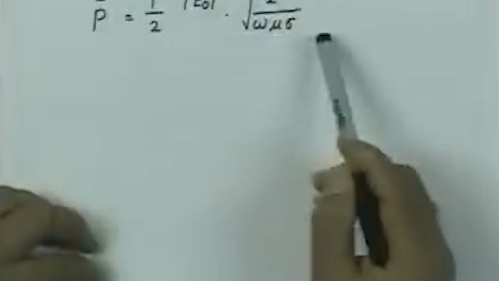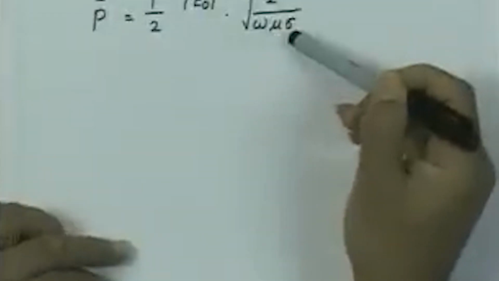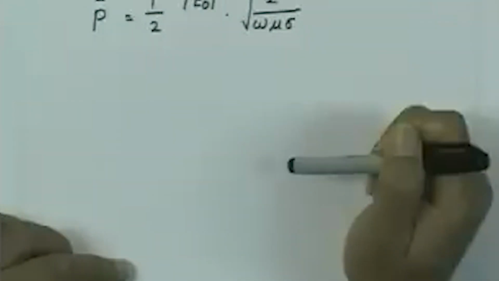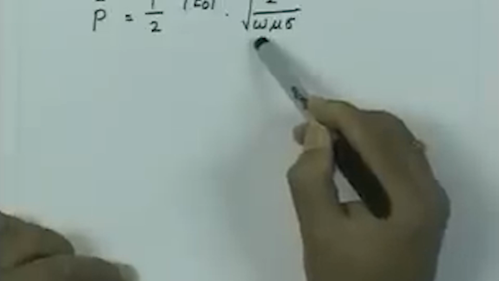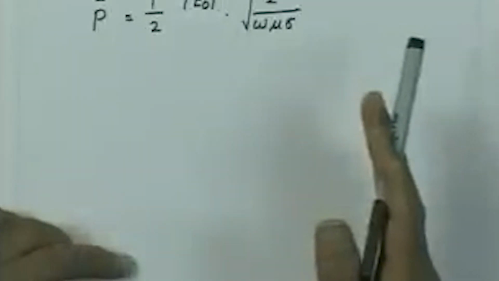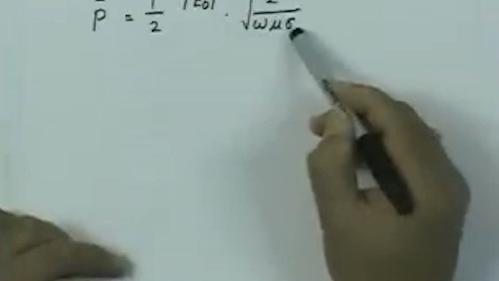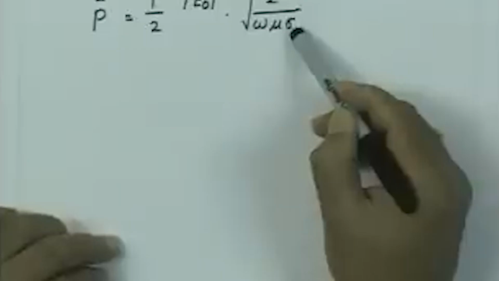The interesting thing to note, however, now is that the power which is getting lost inside the conductor is inversely proportional to the conductivity. That means as the conductivity becomes larger, and the same thing is true for frequency, as the frequency becomes larger, the power flow inside the conductor reduces. And when you go to very high frequency or you go to ideal conductor, which is sigma equal to infinity, then the power will go identically to 0.